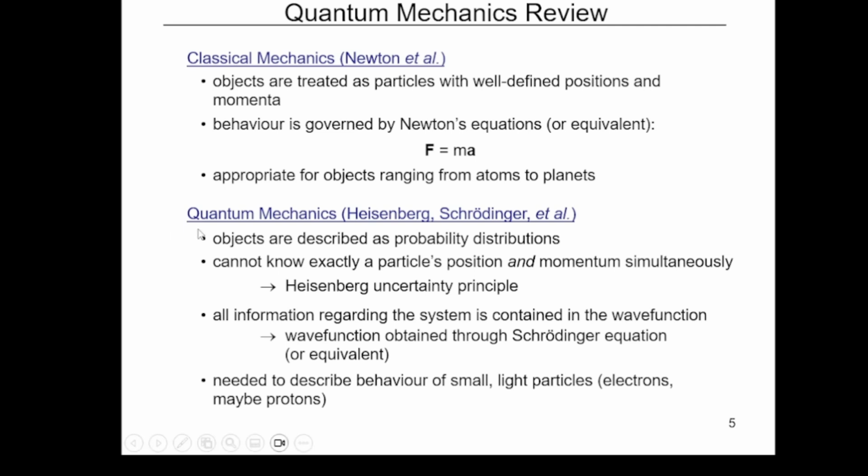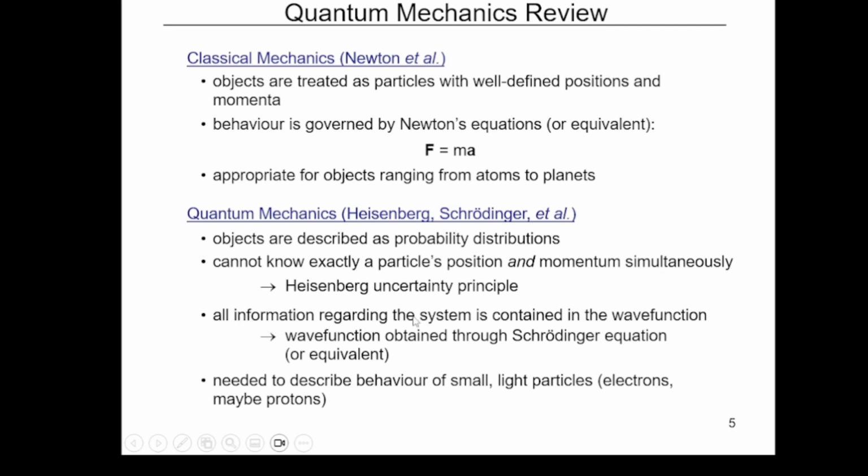Now, on the other hand, in quantum mechanics, which was mainly developed by Heisenberg and Schrödinger, objects are described as probability distributions. We know that we have a wave function, which contains all information about a system, but if you square it, it gives you the probability of finding an electron in that area. It cannot know exactly a particle's position and momentum simultaneously, which is according to the Heisenberg uncertainty principle.